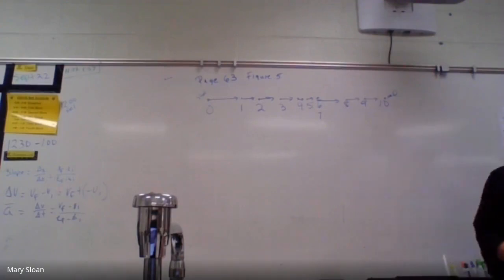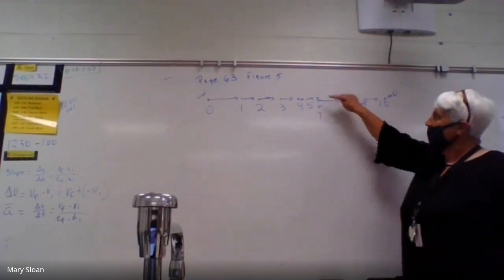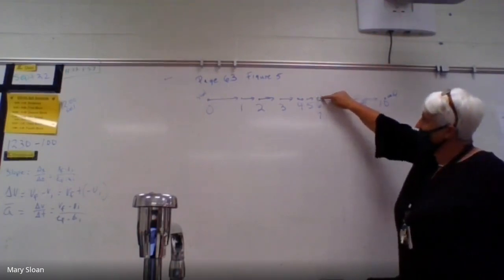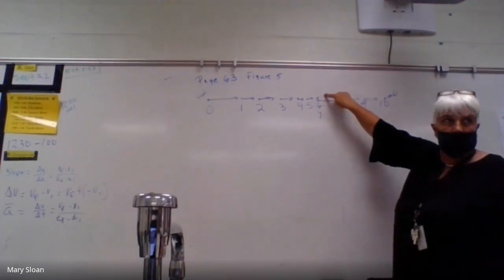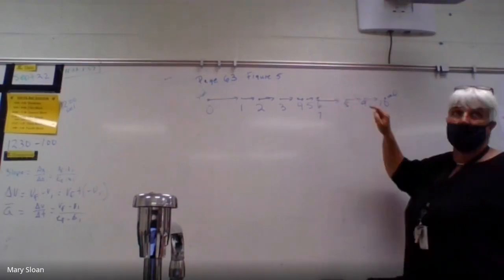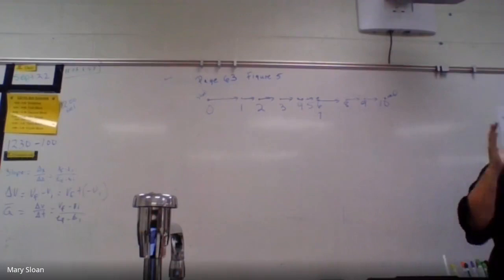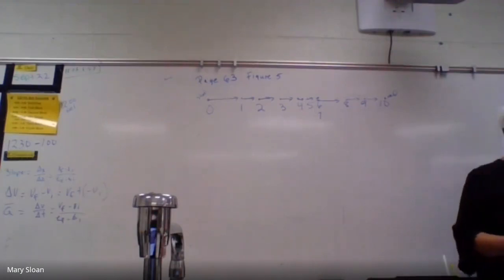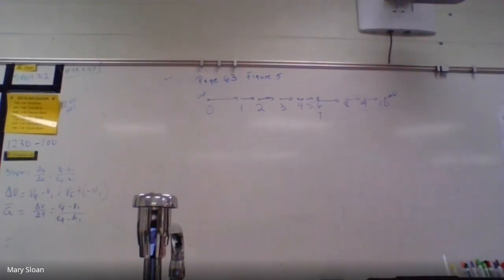Look and see if yours looks like mine. Did you, on 6 and 7, put a dot on the top and a dot on the bottom with a vector? Because he stopped there for a little bit, didn't he? Yeah. 6 to 7?